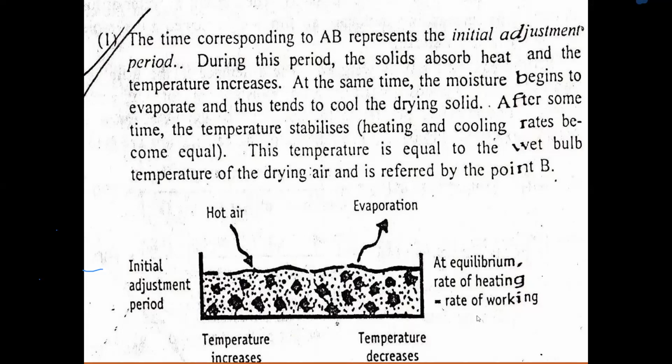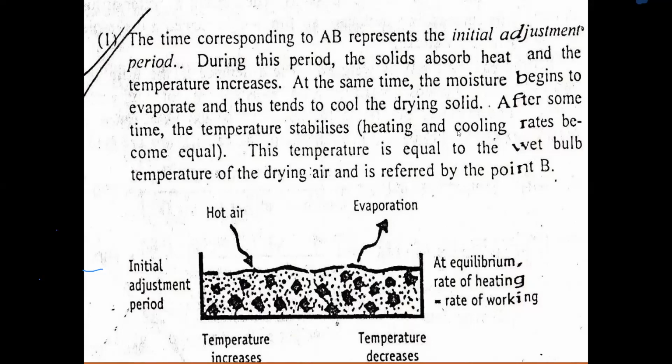Equilibrium is reached when the rate of heating is equal to the rate of cooling. The rate of heating means we apply heat, and the rate of cooling means evaporation. When the rate of heating equals the rate of cooling, that process is called the initial adjustment period.